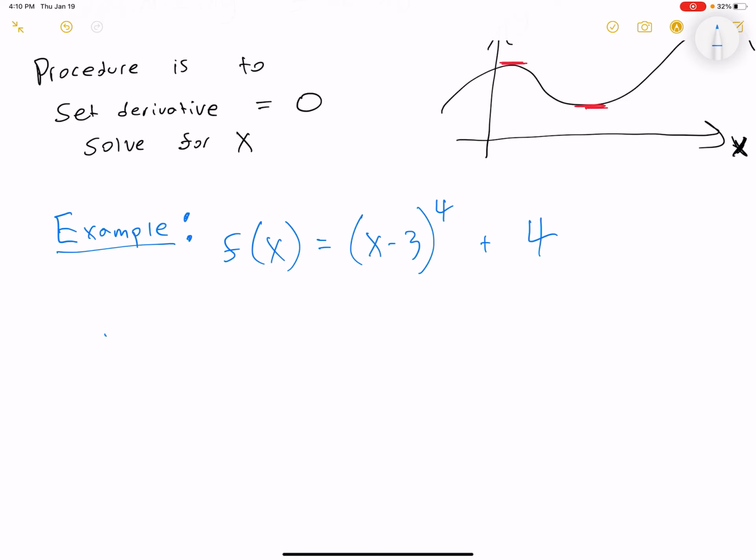The derivative of that, so the derivative of f with respect to x is going to be 2. Oh wait, sorry. I meant to put a squared here just to make it easier to draw. So that's going to be 2 times (x minus 3).